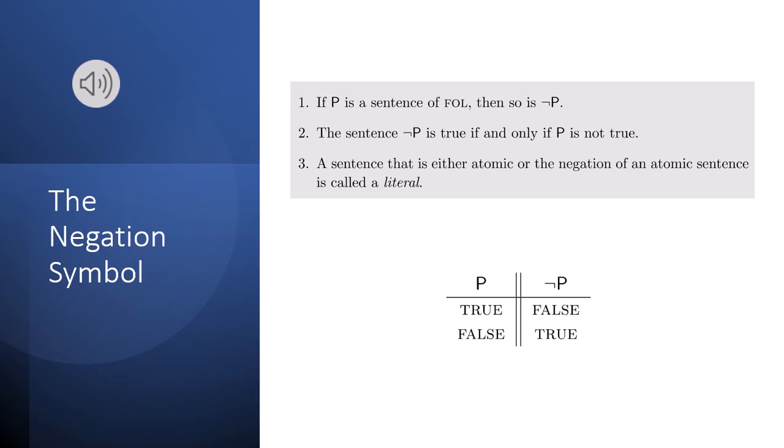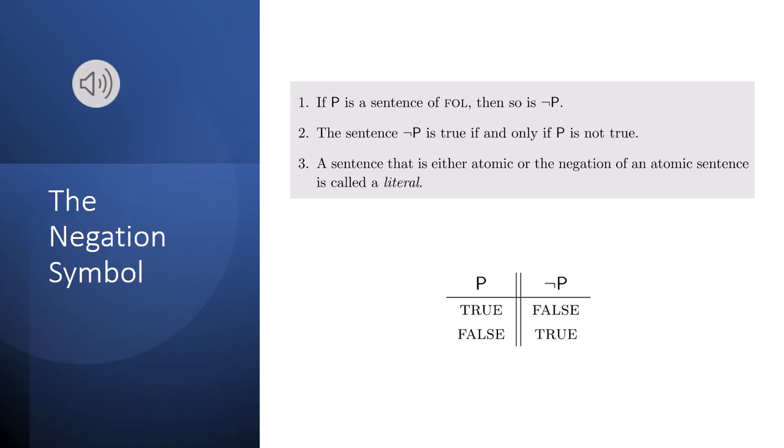We'll be referring to that definition later on in this video, and also throughout the semester. So a literal is just the negation of an atomic sentence. Now, you can also negate complex sentences, and those won't necessarily be literals. But if you've negated an atomic sentence, that's what you'll call a literal.